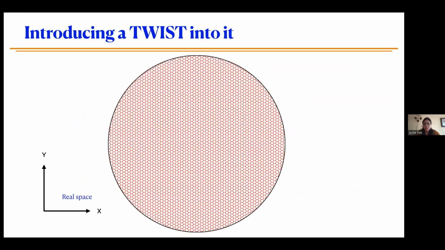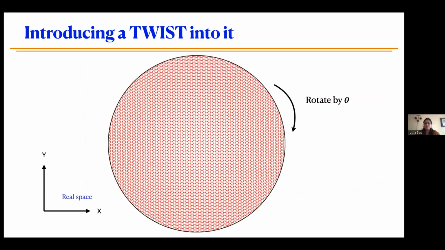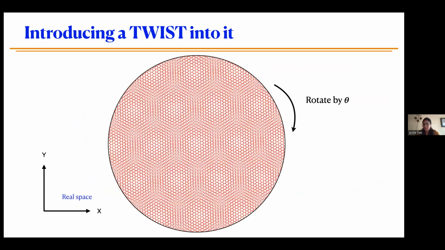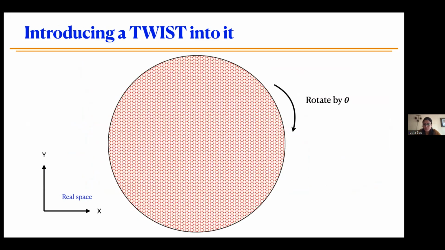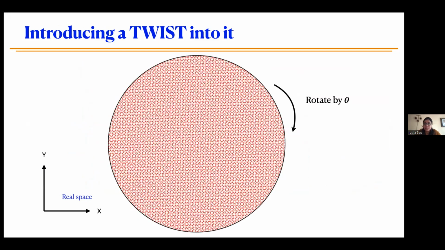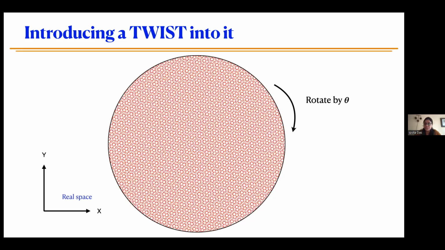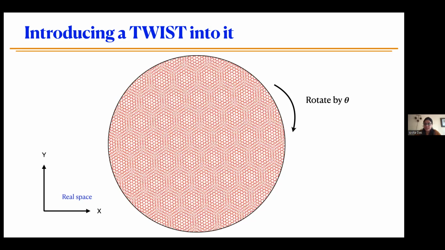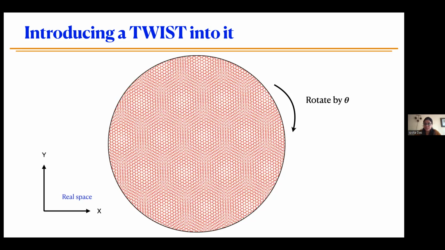We know that if we have two periodic structures and we rotate them by a certain angle, then they will form a different periodic structure. Sometimes they have the same symmetry, sometimes you can break the symmetry, but they will form a different periodic structure. Here, for example, I have two layers of graphene which are rotated by a certain angle, and at some angle you will form a commensurate structure where you have the periodicity intact, and at some angle you will break the commensuration and you will not have the symmetric structure.